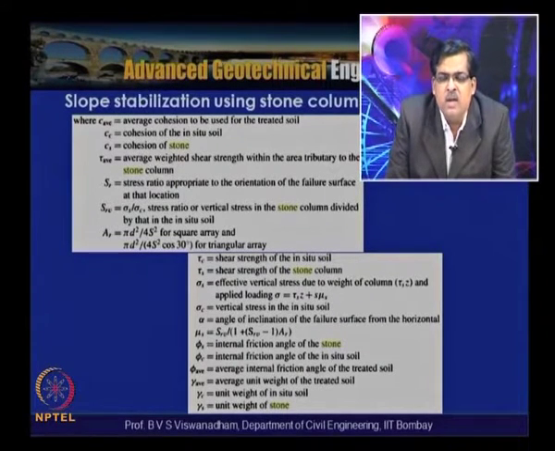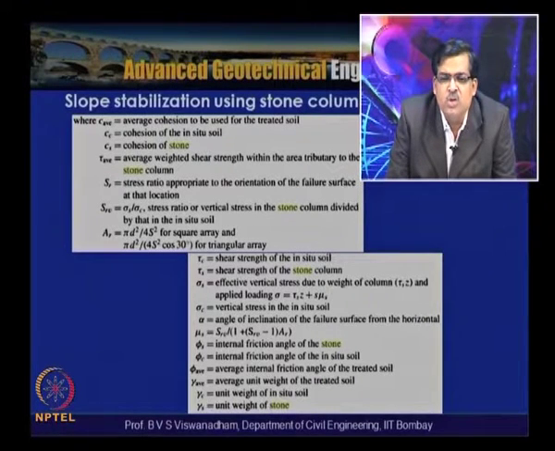Being the strong material, the stone column apportions a higher portion of the stress than the surrounding soil. AR is pi d square, where d is the diameter, divided by 4s square for a square array, and AR is equal to pi d square by 4s square cos 30 for a triangular pattern of arrangement. Then we have some other variables which we have used.